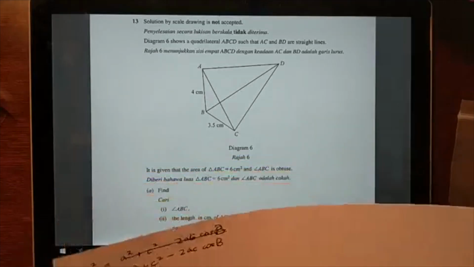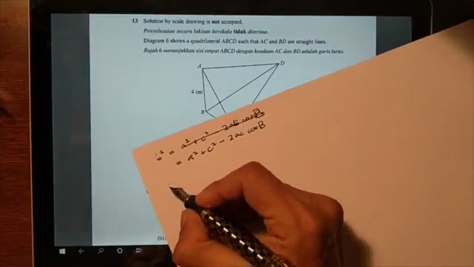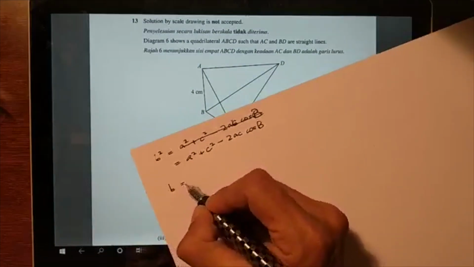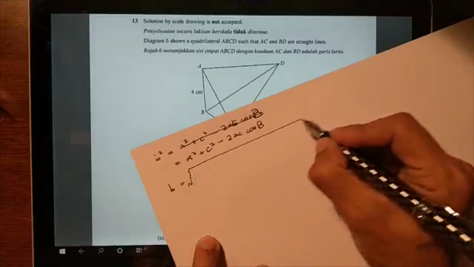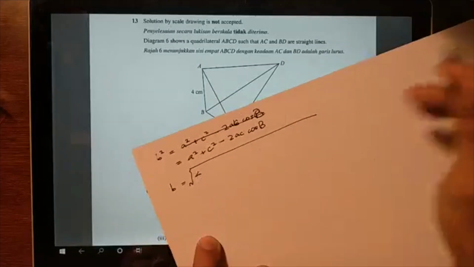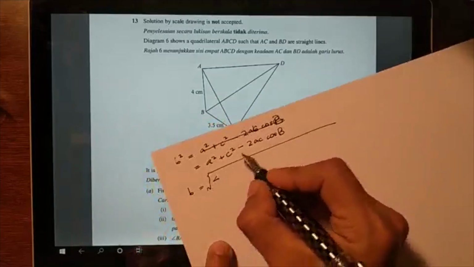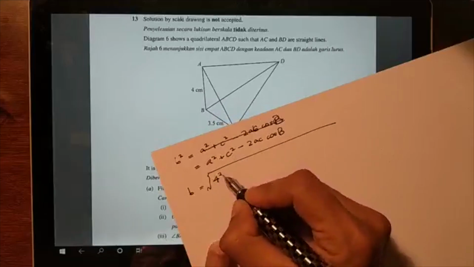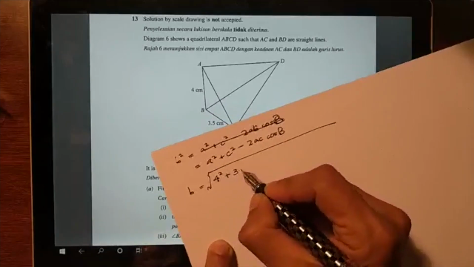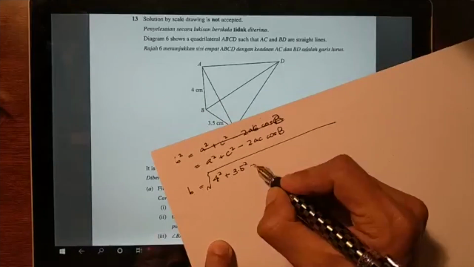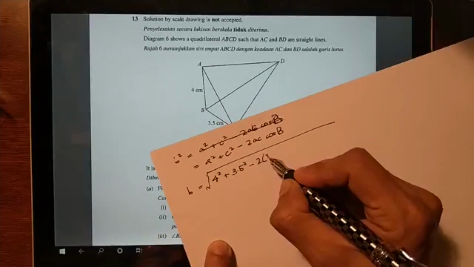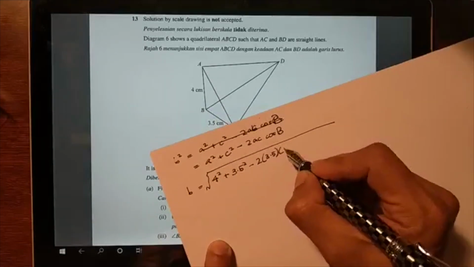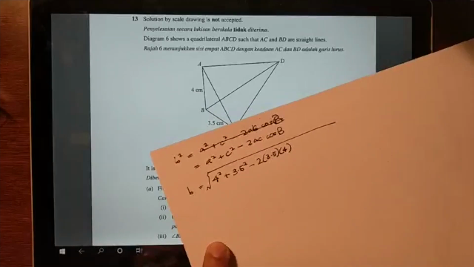Okay. Not very pretty, but never mind. Okay, so B is obviously equal to the square root of A squared, which is 3.5 squared. Well, let's do C squared plus A squared. Doesn't matter. Plus this one squared minus 2AC, which is 2A, and then C, and cos B.